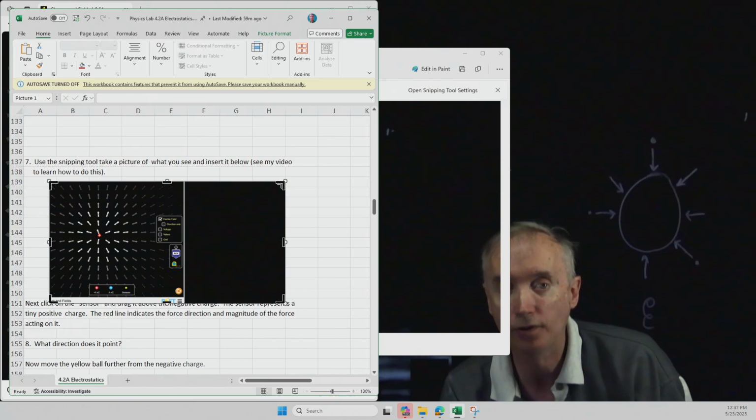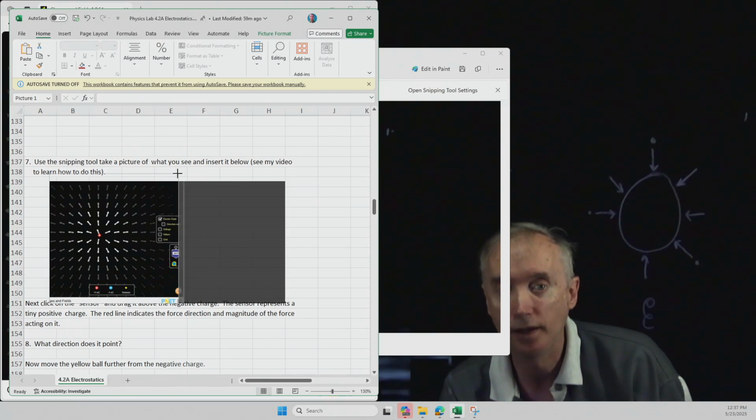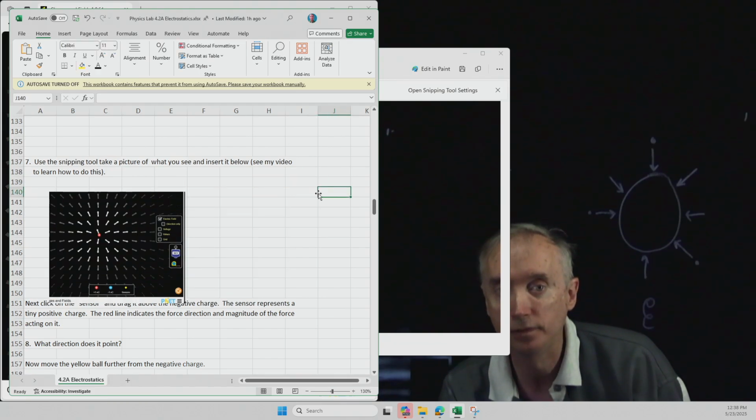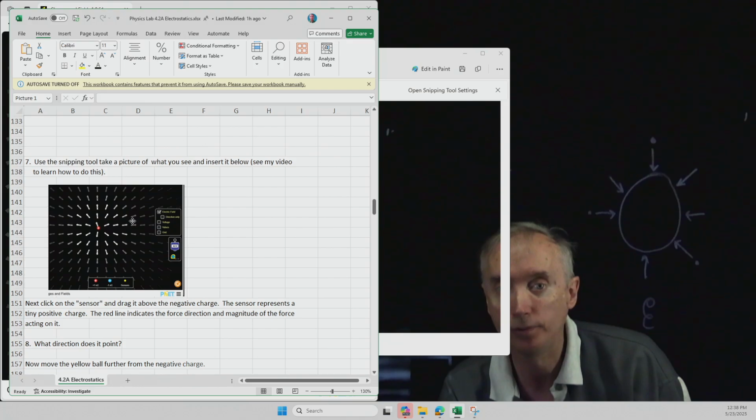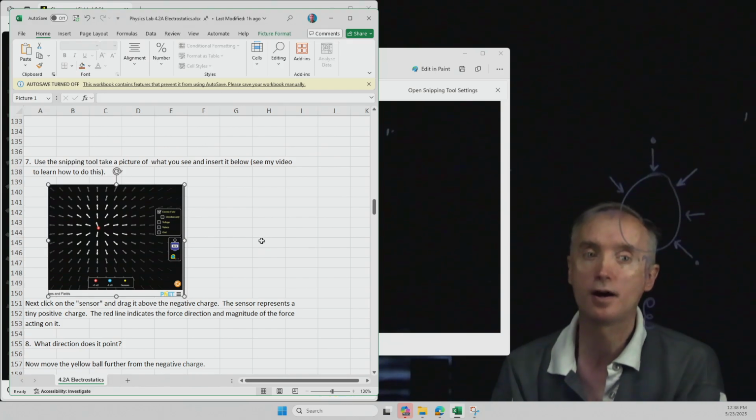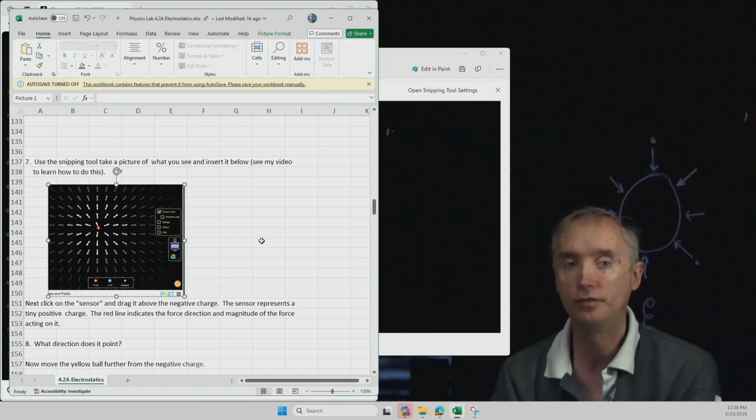Now I'm going to grab this corner and I can make it smaller like that, or I could also make it smaller like this. So I want you to play with it, and you see how it cleaned it up. So you can crop your picture so that it fits onto the screen.